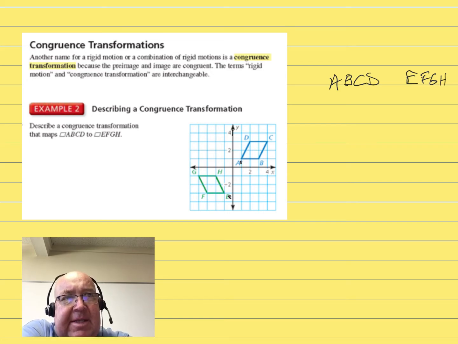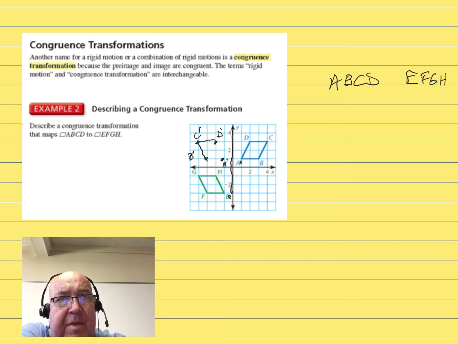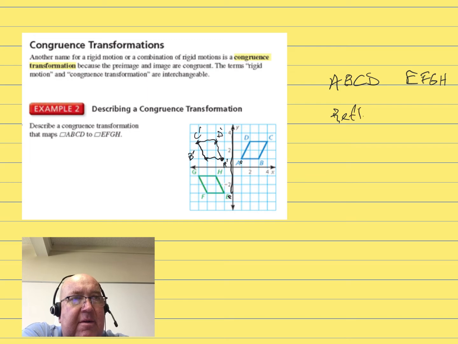So if we take this line of x equals 0, or the y-axis, and we reflect across it, there's our A prime, there's our D prime, there's our C prime, and our B prime. So reflect over the y-axis.